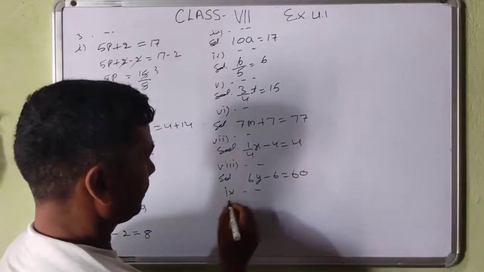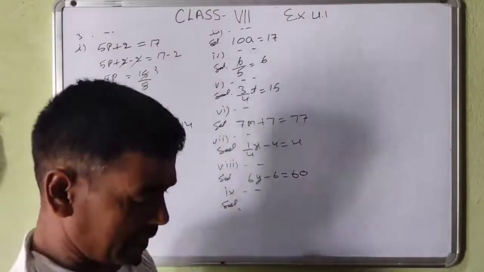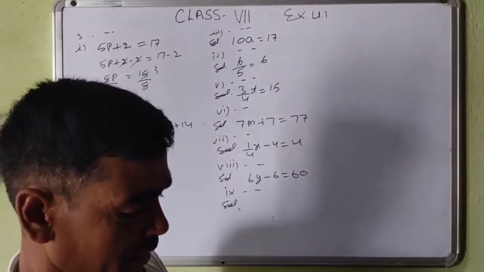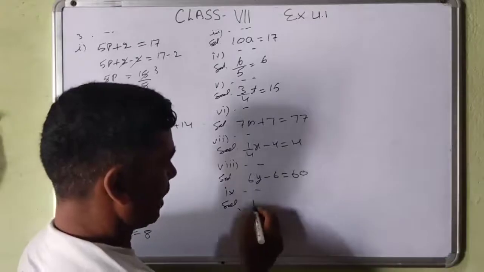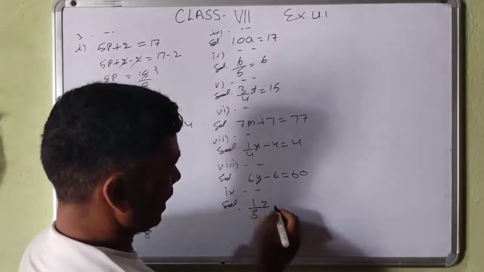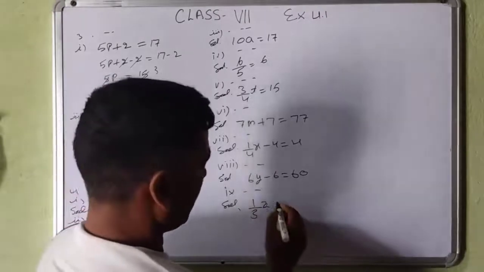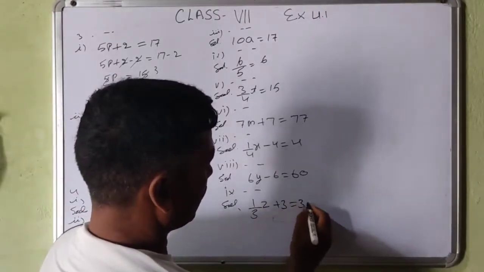Ninth part: if you add 3 to 1/3 of z, so 1/3 z plus 3 is equal to 30.